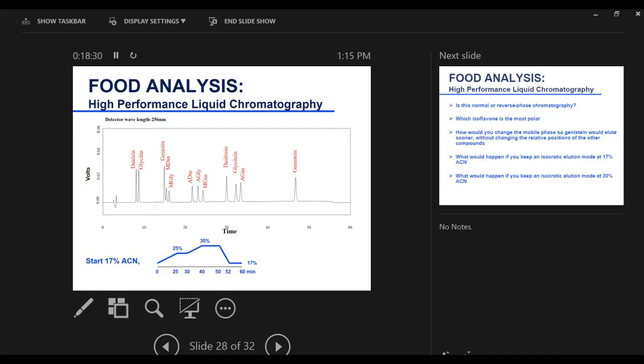So what I'm asking you to do, how would you change this gradient, this method here, so that this comes out sooner without changing anything here? So you're building a method, right? Think yourself, you're the analyst in the lab. And this is taking 60 minutes. I want to shorten my analysis time.